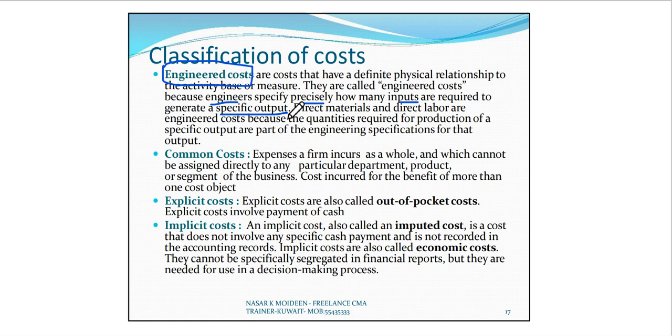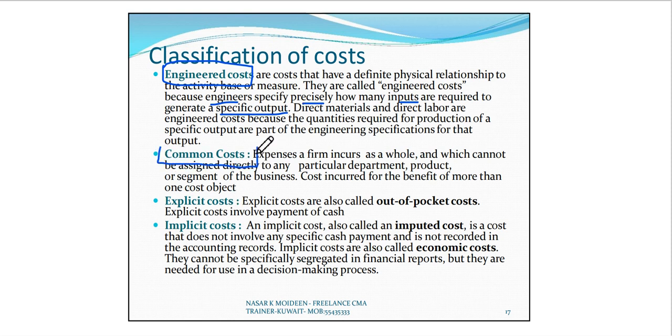When an engineer designs a product, he says to complete the production of 1 unit of this type of product, you need 2 hours of labor, and you need 10 pieces of X unit and 5 pieces of Y unit as raw material, and the total cost is going to be this much. So this is engineer specified. Based on the specifications you get from engineers who design the product, you get some cost. That cost we call engineered cost.